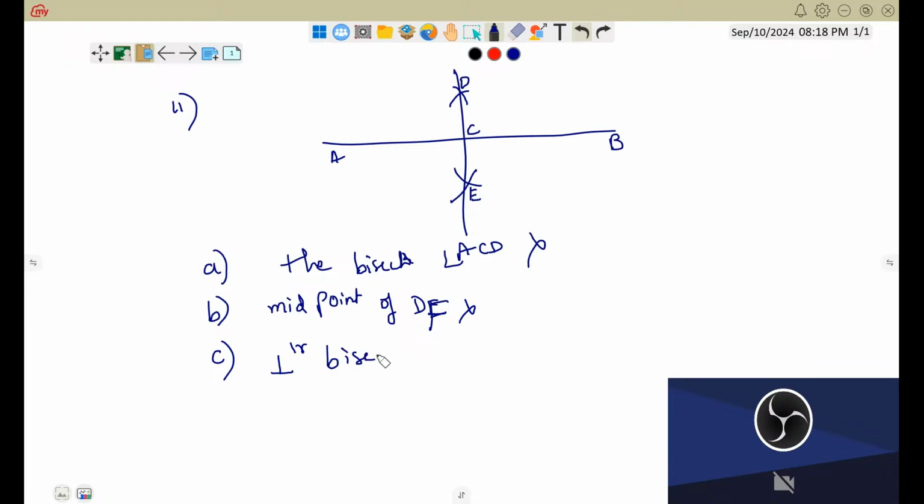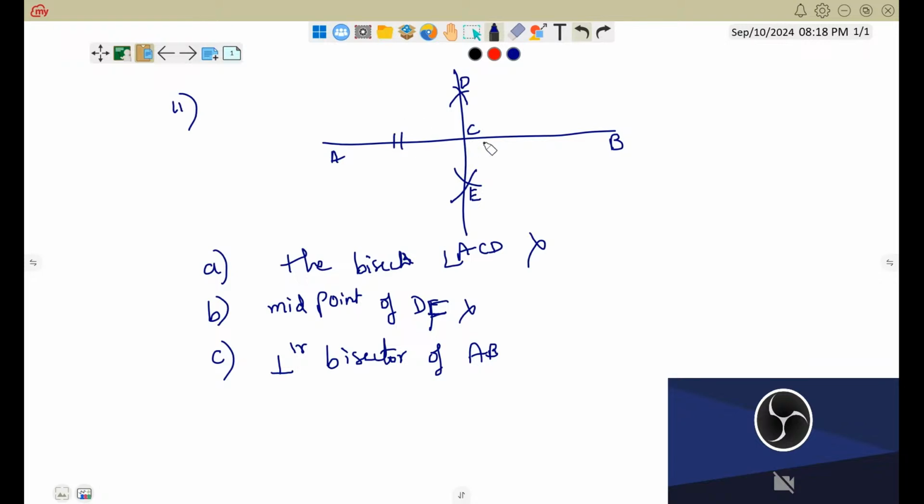Next one, it is a perpendicular bisector of AB. What is a perpendicular bisector? When two lines have an angle between them of 90 degrees. If you observe, AB is a straight line and DE is a straight line. The two lines join in a perpendicular way. So it is a perpendicular line, and if you observe clearly, the point C is exactly in the middle of AB.